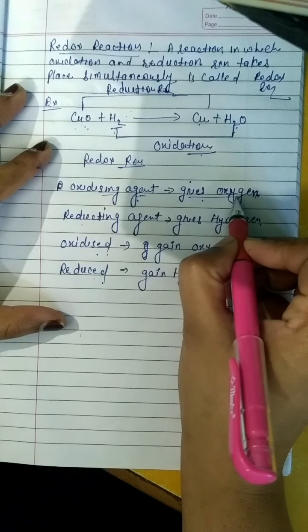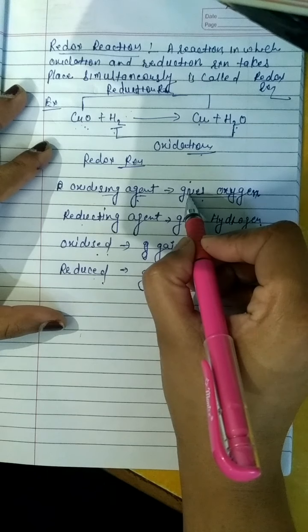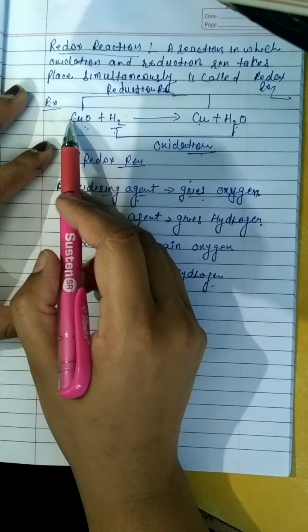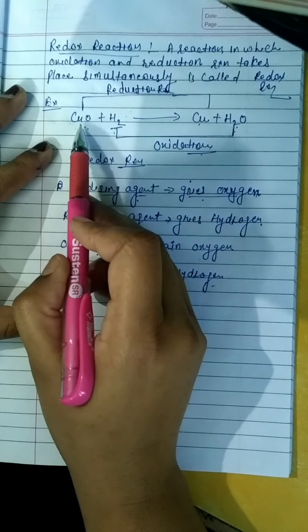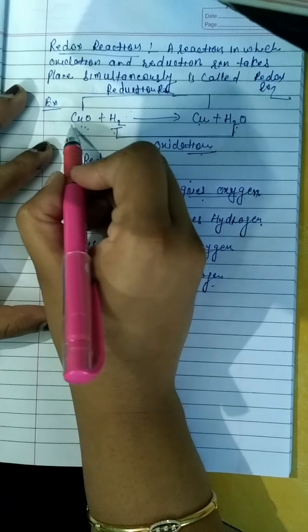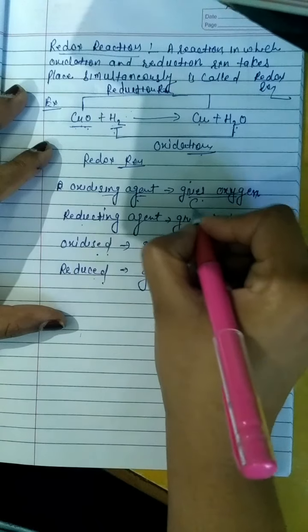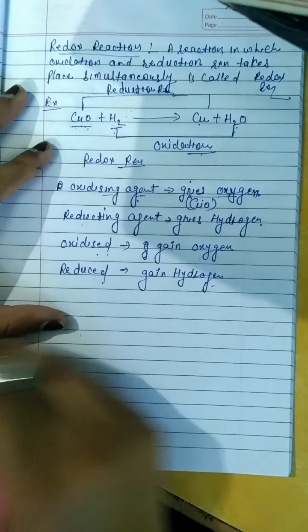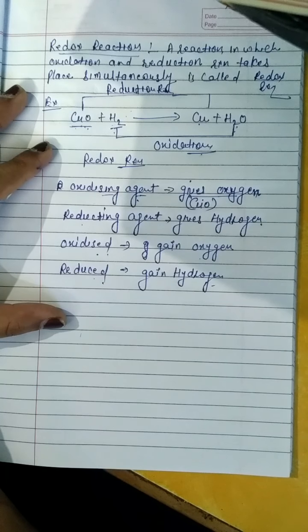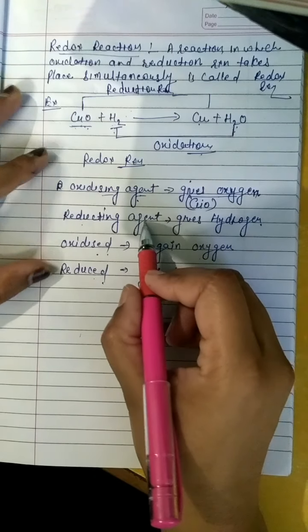According to the definition, the oxidizing agent gives oxygen. Now, from this reaction, what is the oxidizing agent? जिसके पास होगी वही देगा ऑक्सीजन. किसके पास है? From both, copper oxide. So copper oxide behaves like oxidizing agent.